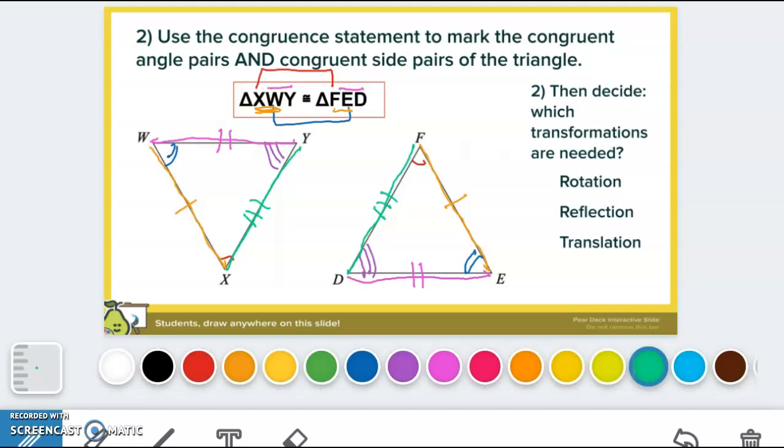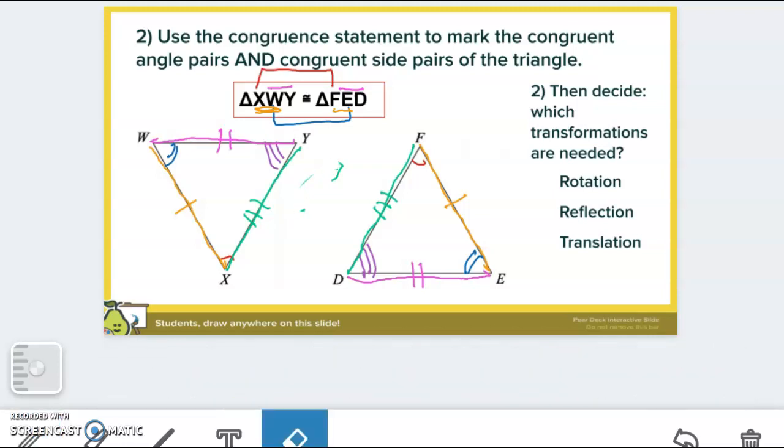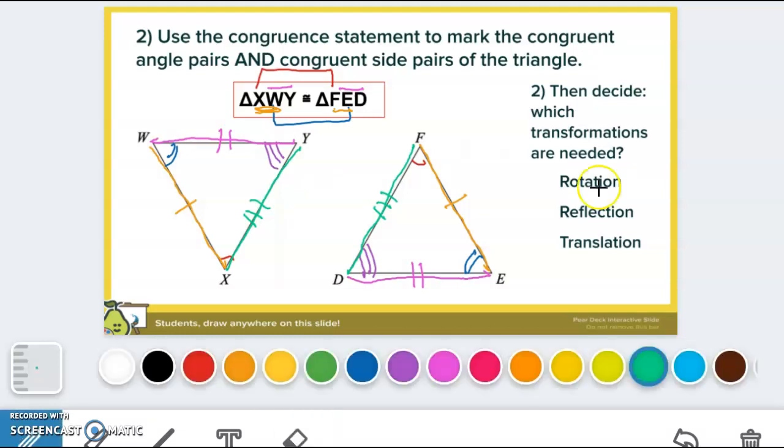You can kind of picture this being rotated, rotated clockwise, it doesn't really matter. It does require a rotation. It requires a rotation and translation.